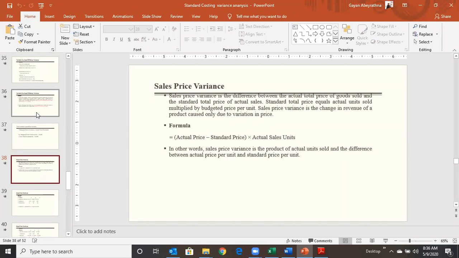We can do it in two ways. One view is we can consider the total price, total income, total sales value of our firm. Another view is we can concentrate just the margin, just the sales margin per unit.